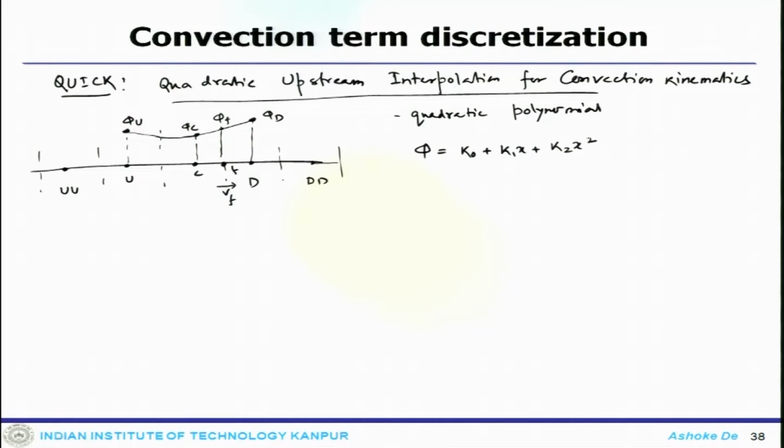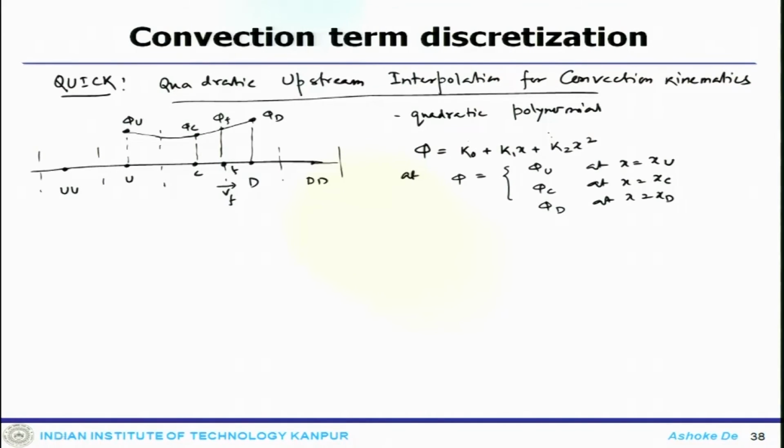Now, you have these phi values at different points: phi u at x equals x u, phi c at x equal to x c, phi d at x equals x d. So, now you need 3 points to find out the coefficients k 0, k 1, k 2.